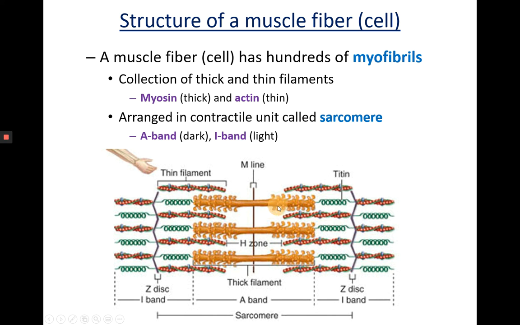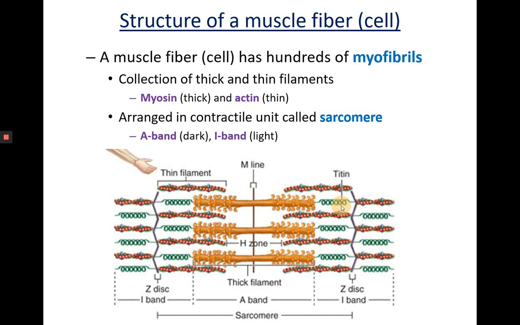And these are going to be arranged in a unit like this. So you're going to have many of these repeating throughout the muscle cell, but basically it's going to be thin filaments, thick filament, thin filament, one sarcomere, another thin filament, thick filament, thin filament, another sarcomere, and so on and so forth until you get the ends of the muscle cell. So there are many of these repeating patterns, so many sarcomeres in just one muscle cell.